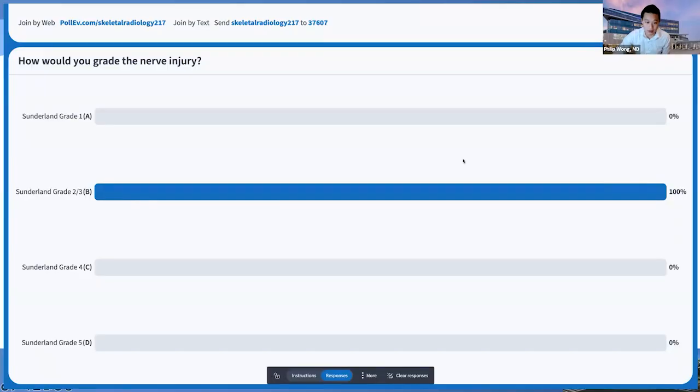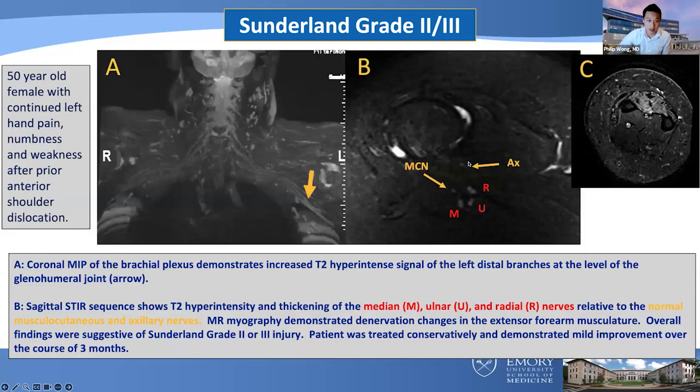And you guys are awesome. So this was a Sunderland grade 2 or 3. It can be challenging to tell the difference between Sunderland grade 2 or 3 nerve injuries. That's why I tend to lump them together here, because it's hard to tell a difference.